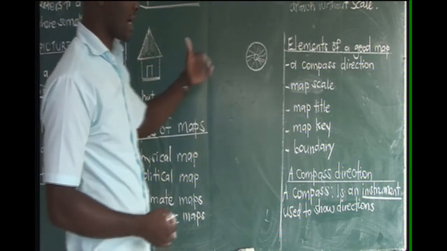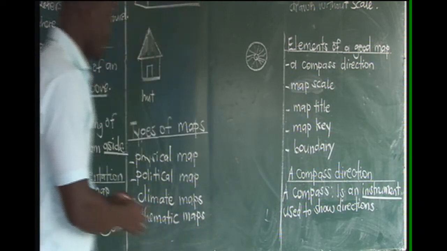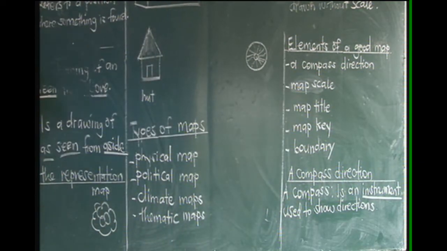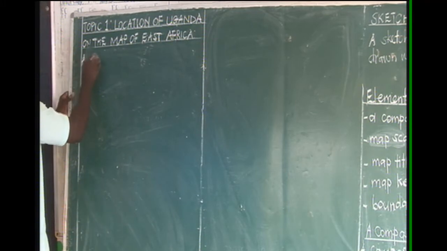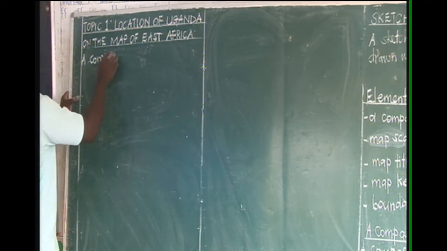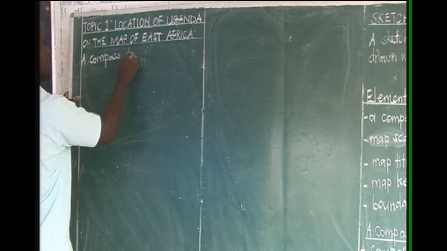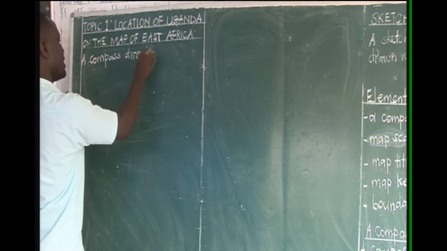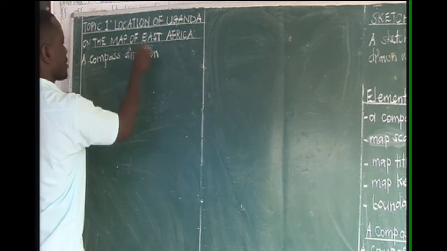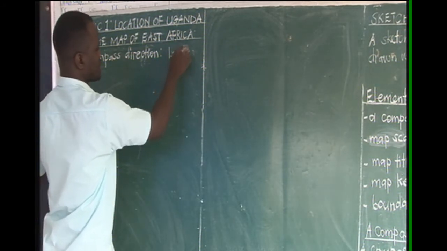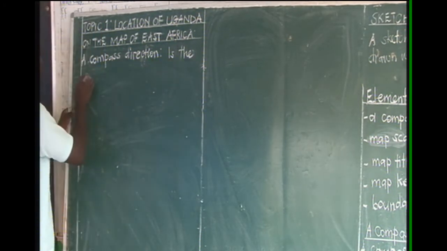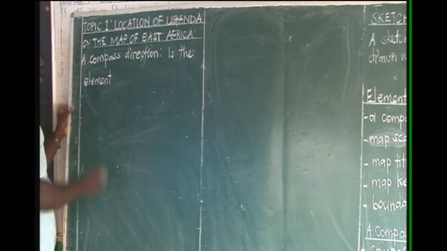Then we have a compass direction. This is now the element. This is the element of a map. Remember, we have called these elements of a good map.